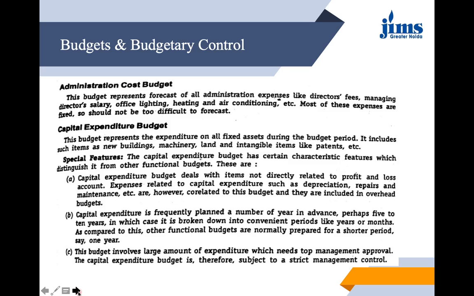Capital expenditure is frequently planned a number of years in advance, perhaps 5 to 10 years, in which case it is broken down into convenient periods like years or months. As compared to this, other functional budgets are normally prepared for a shorter period, maybe 1 year. This budget involves a large amount of expenditure which needs top management approval, because the investments are heavy. So the capital expenditure budget is therefore subject to strict management control.